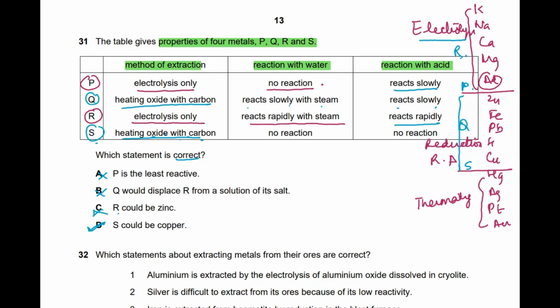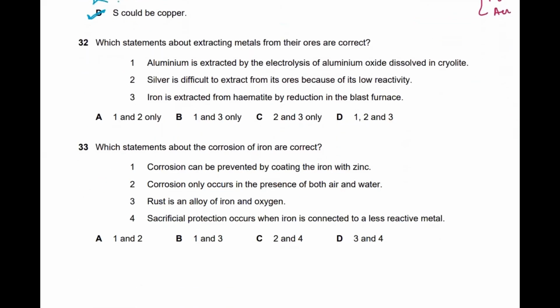Moving on to question number 32. Which statements about extracting metal from the ores are correct? Aluminium is extracted by the process of electrolysis of aluminium oxide dissolved in cryolite. So 1 is correct. Aluminium is extracted by electrolysis absolutely from aluminium oxide, and we add cryolite in order to reduce its melting point from 2000 to 950 just to make the process economical.